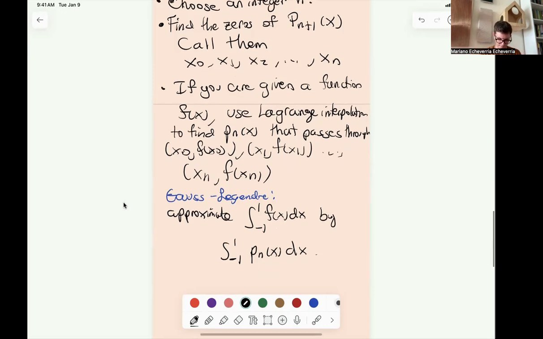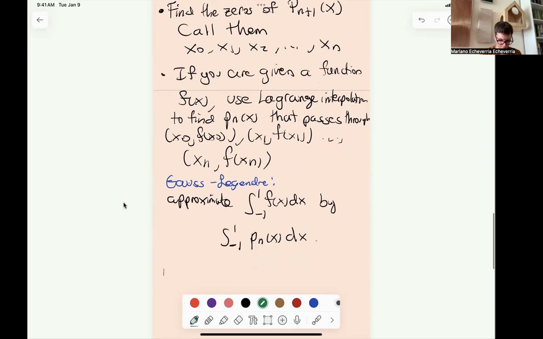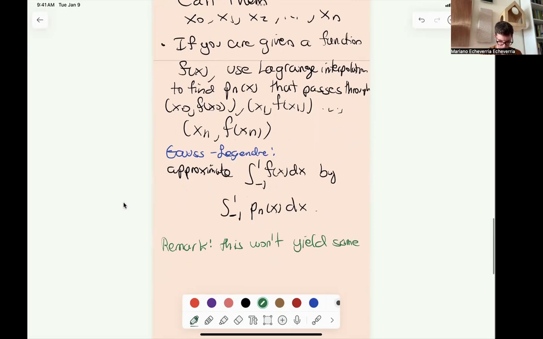Notice this won't yield the same as trapezoid or Simpson, since the nodes were equally spaced.